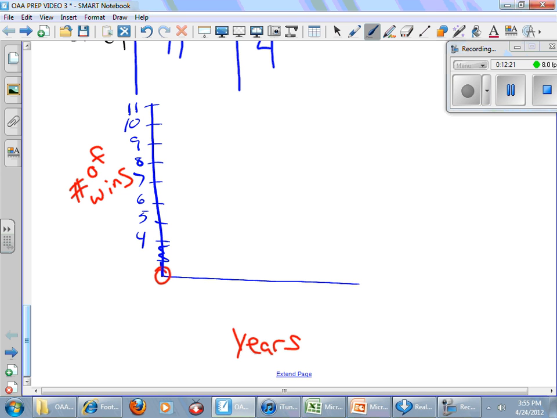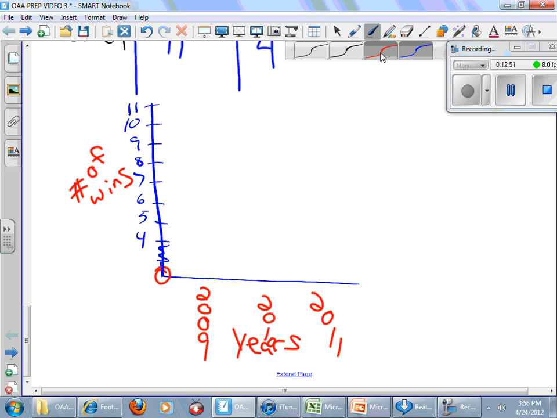All right, and the years are what? 2009, 2010, and 2011. And I probably should have spread those out better, so let me rewrite them. Give myself a little room here. So we got 2009, 2010, and 2011.